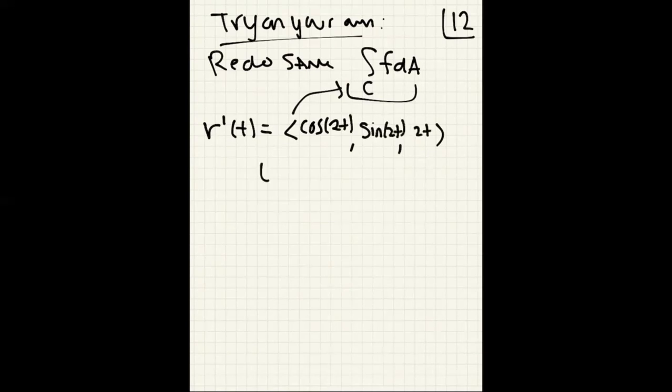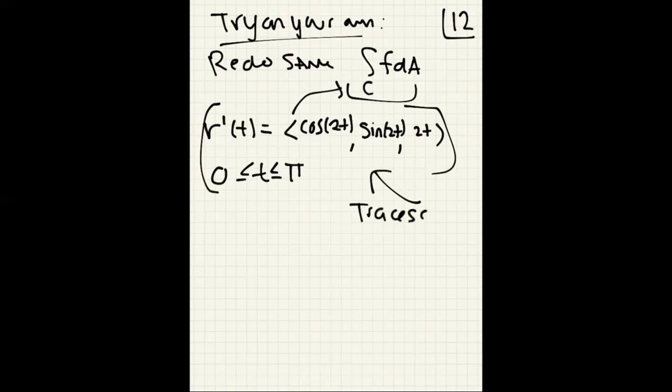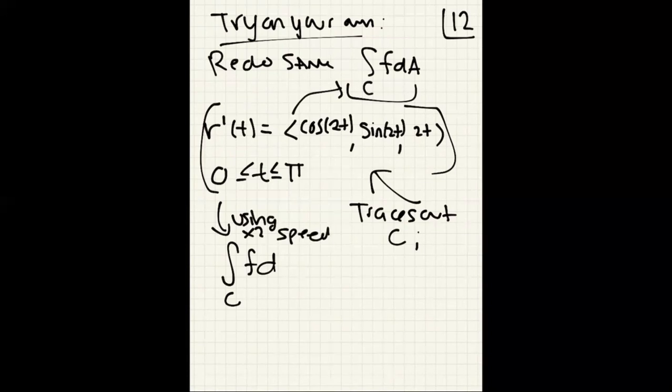And to compensate, because you're going twice as fast, you'll start at 0, but you'll only need to go up until pi. So this traces out c, and if you actually compute this using the times 2 speed parameterization, you'll get the same answer.